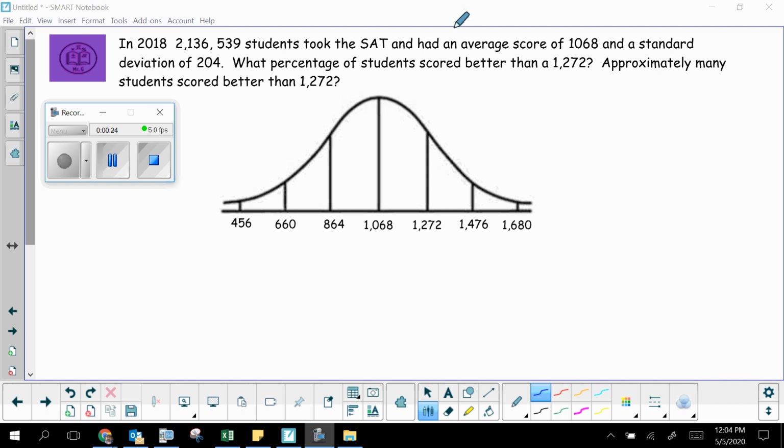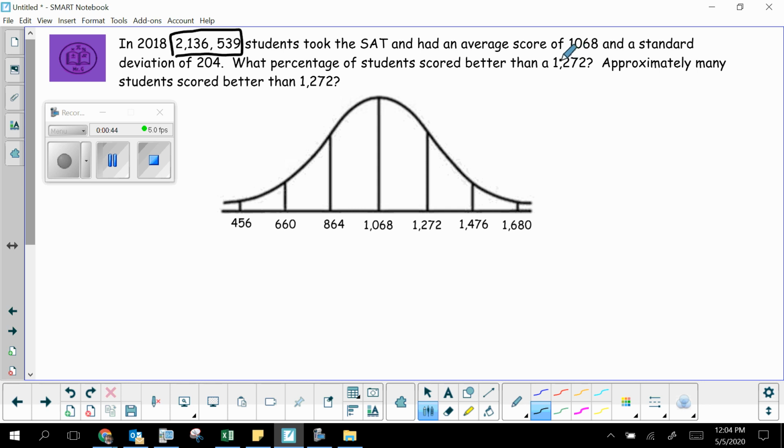We've already got our normal curve filled in down here. And what we're looking at is the 2018 results on the SAT. What our problem is telling us up here is that 2,136,539 students took the SAT in 2019.